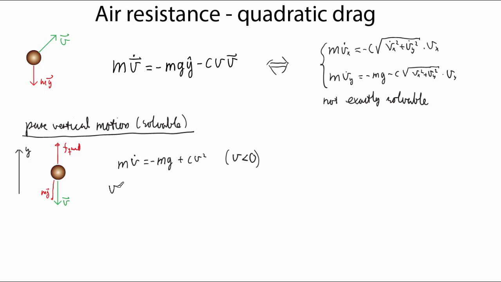So if v equals v terminal, it corresponds to v dot equals 0. If we take this differential equation and plug that in, we obtain that 0 equals minus mg plus c v terminal squared, which gives us that v terminal is the square root of mg over c.